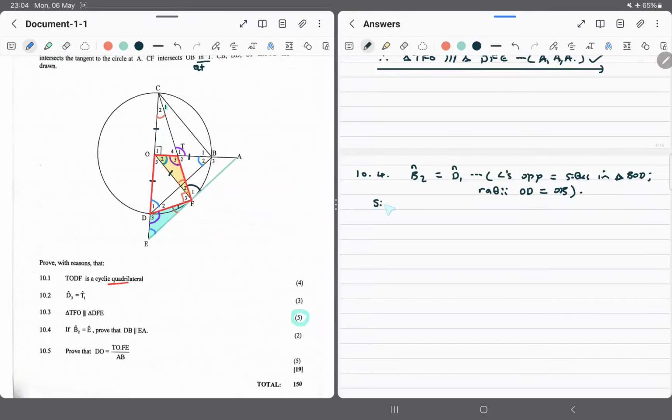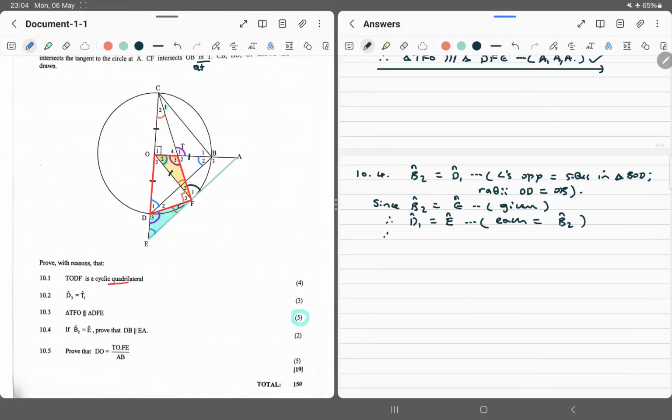We can say since angle B2 is equal to angle E, this is given, it therefore concludes for us that actually now angle D1 is equal to angle E. Great.